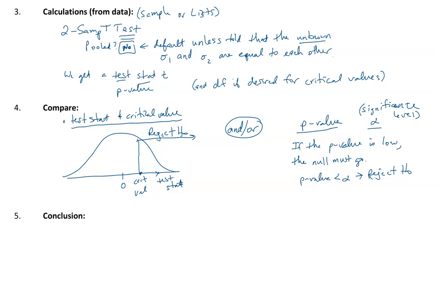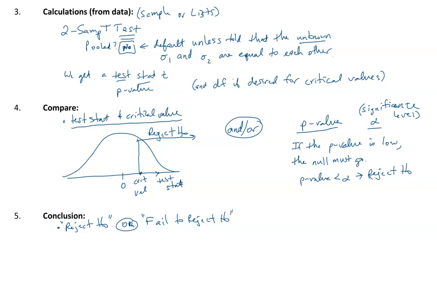All right, so a lot of that will seem familiar. And then for the final conclusion, for sure, you're either going to write down, reject the null, and be complete. It's rejecting the null, not just reject. Or you're going to fail to reject the null. So you've got to write that out.